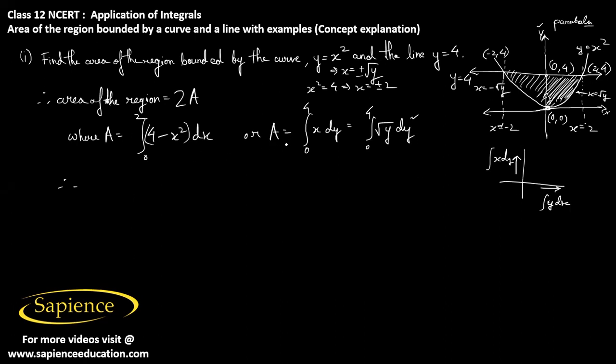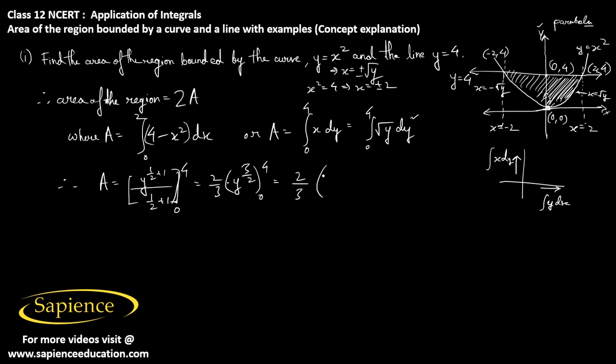Then A will be equal to the integral of root y, that is y power half plus 1 by half plus 1, going from 0 to 4. This is 1 plus half, that is 3 by 2, so it is 2 by 3 into y power 3 by 2, going from 0 to 4. So this will be 2 by 3 into 4 power 3 by 2 minus 0 power 3 by 2.